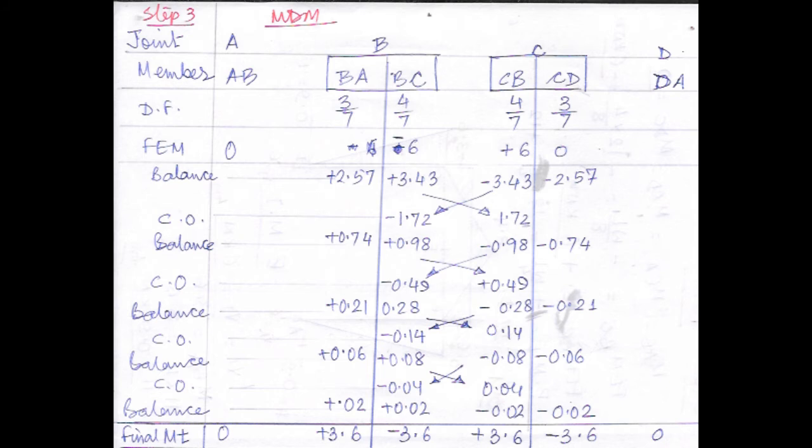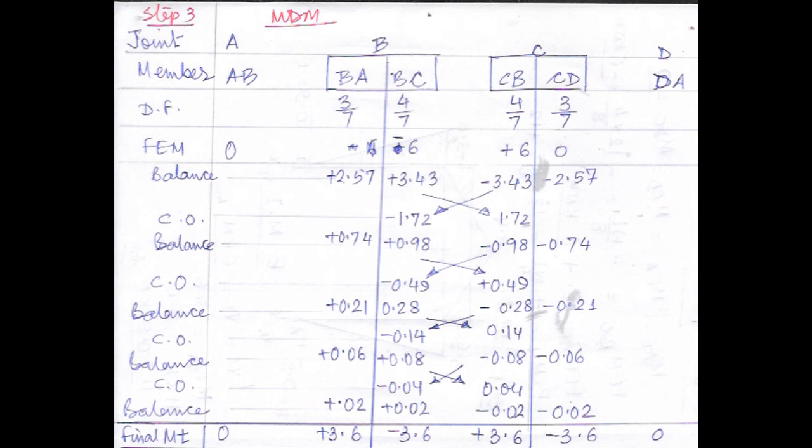What are the distribution factors? 3 by 7, 4 by 7. So how does this value come? 2.57 and 3.43. Listen over here. 6 multiplied by 3 by 7 comes out to be 2.57. 6 multiplied by 4 by 7 comes out to be 3.43.